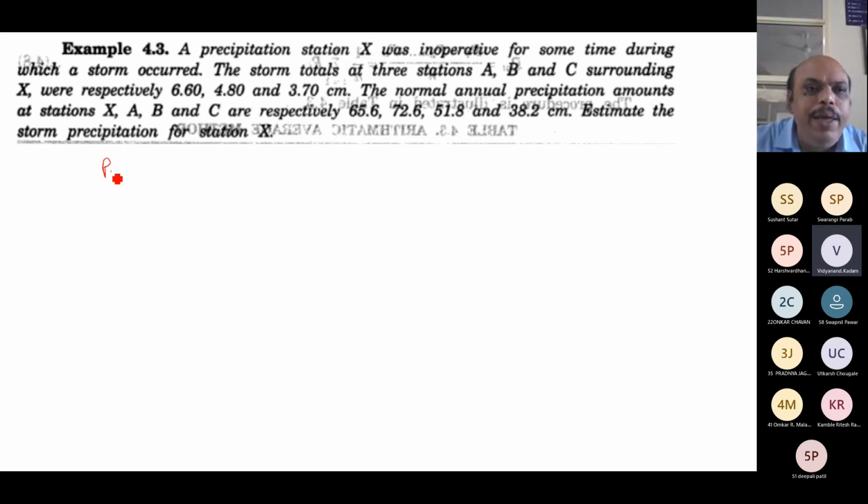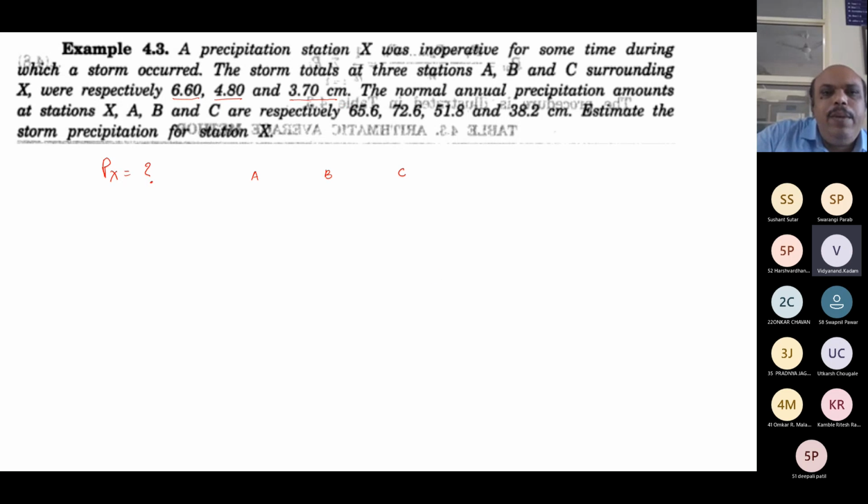We have to find Px. And for that, what data is given? The storm totals at 3 stations A, B, C were respectively 6.6, 4.8, 3.7.